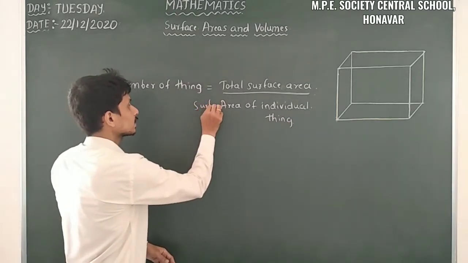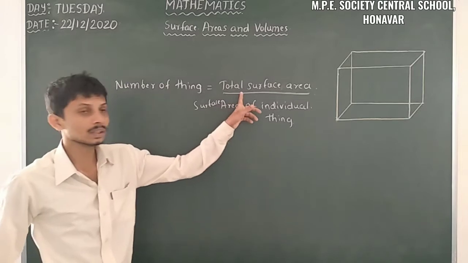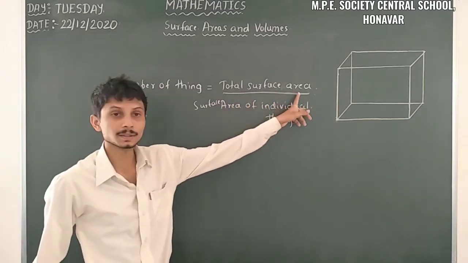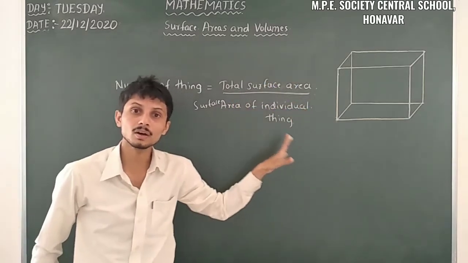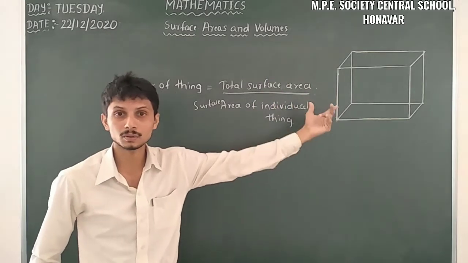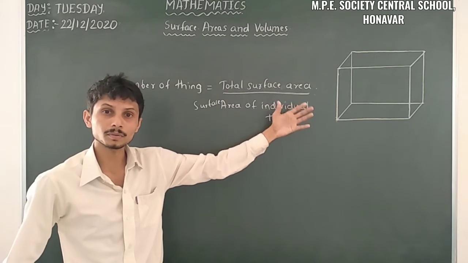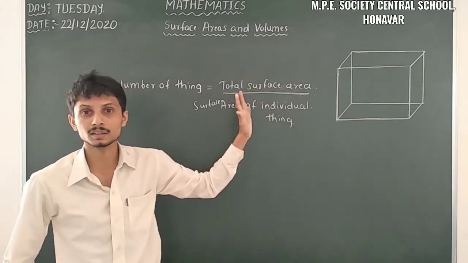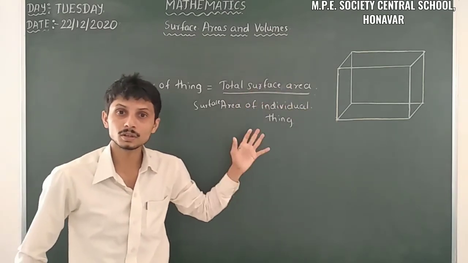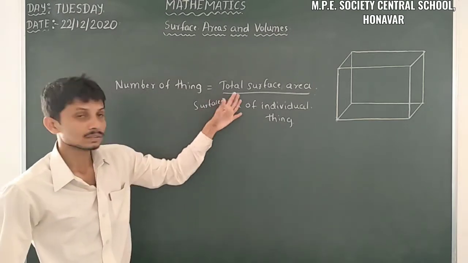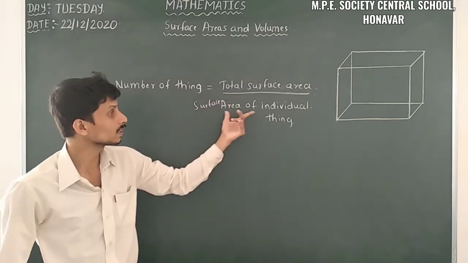Firstly we have to find out the total surface area of whatever box we have. According to the problem, how many faces we have to take into consideration is based on the problem. So here we have to divide by the surface area of the individual boxes.